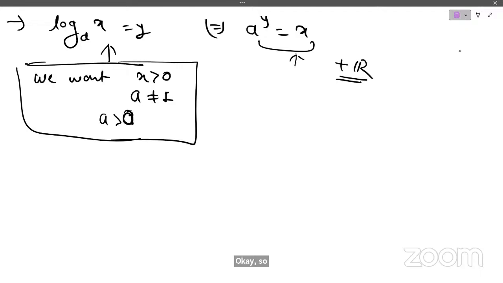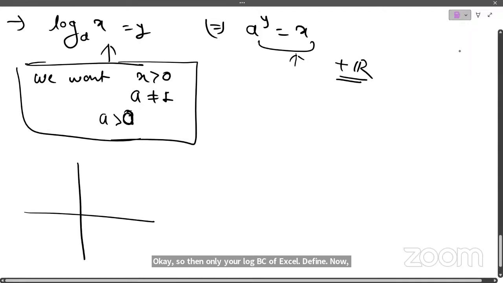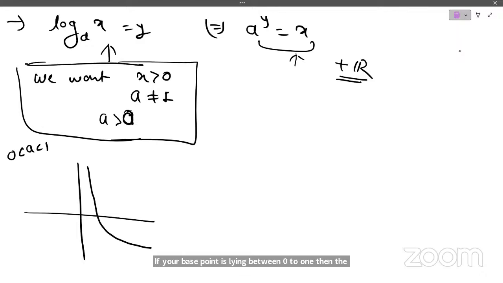Now similarly, we have the graph of the logarithmic function. If your base lies between 0 and 1, then the graph of the logarithmic function looks something like this, and the x-intercept is (1, 0), right? And it is again a decreasing function. Using the graph, you can easily check the end behavior of the logarithmic function.